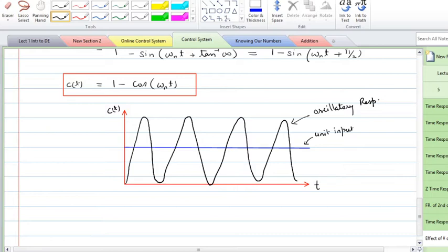And there will be no damping present here. So in this case, the response will be oscillatory and is known as the undamped case.